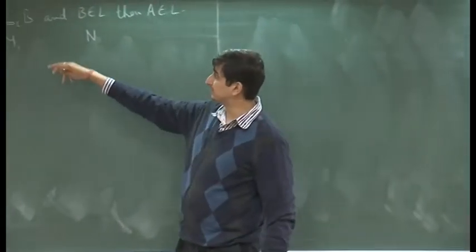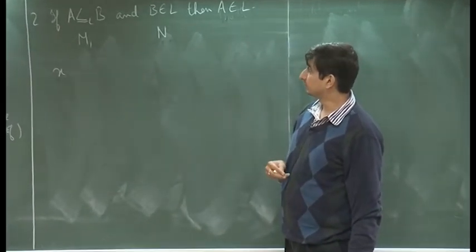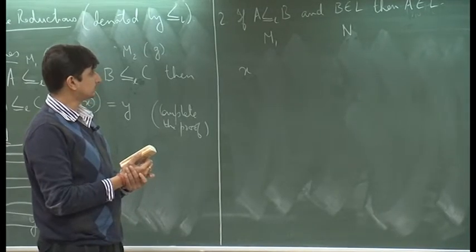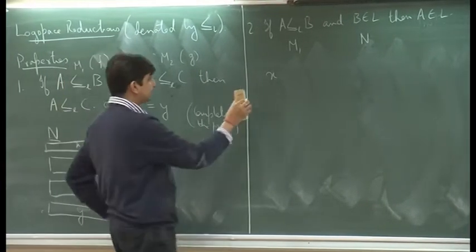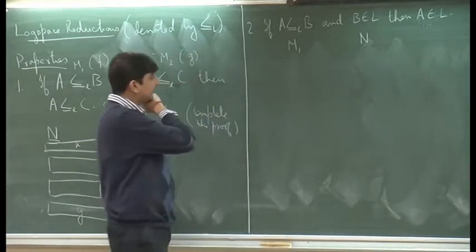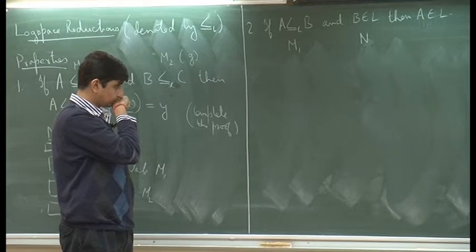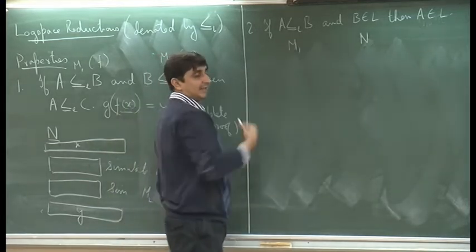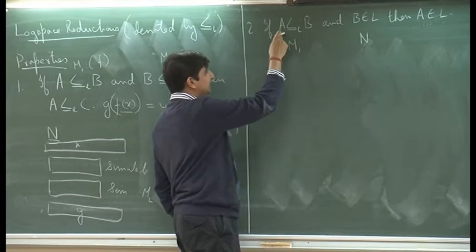You mean to say that if A is reducible to B in polynomial time, then the problem is that... Basically, by the same thing that I said last time, suppose A and B are both languages which are smaller than P. So B is a language which is in L, and let us say A is a language which is in NL.